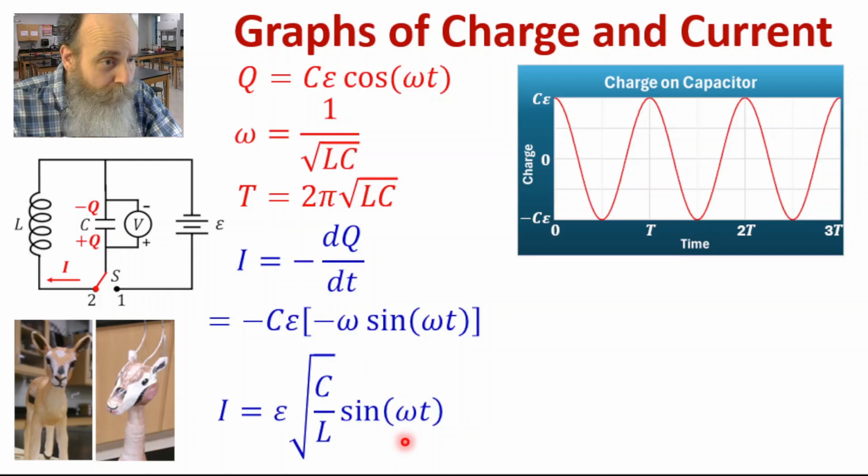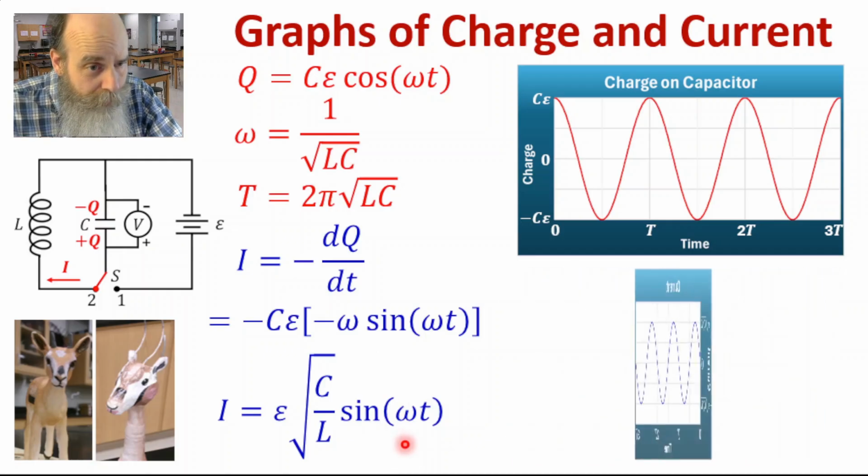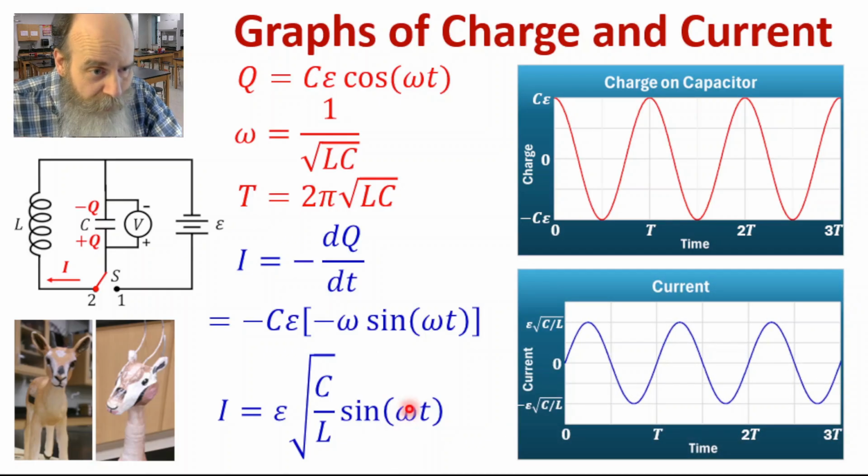I is E square root C over L times sine omega t. So it is a sine function. When t is 0, the current is 0, and it goes from negative E square root C over L up to E square root C over L, and it oscillates between these two.